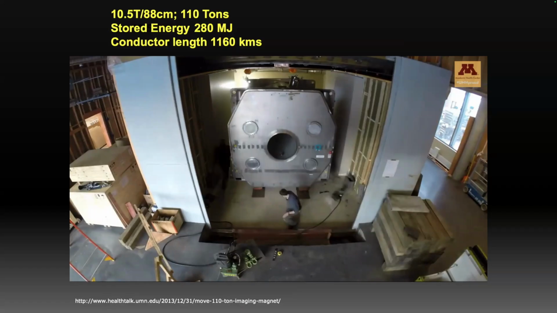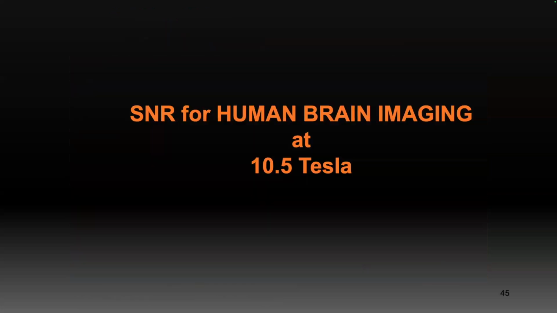So we started the project in 2008, actually, to get a 10.5 Tesla system. It took a long time to get this, but today we are working at 10.5 Tesla, and I can show you some results from it. One of the first things that we tackled, of course, were very engineering-oriented studies. First of all, we had to develop RF coils, understand RF behavior at 10.5 Tesla, and ask questions about what signal-to-noise ratio gains we expect.